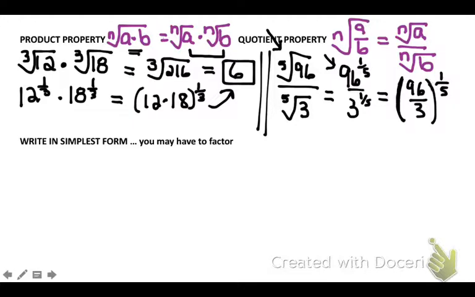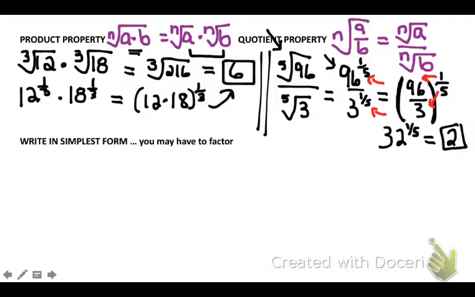I have my set of parentheses, and I raised 96 over 3 all to the 1/5, because if you remember, I could go backwards and multiply both of those by 1/5 and get back to this answer. But anyway, we have 96 divided by 3 is going to be 32 to the power of 1 over 5, and that simplifies to 2.